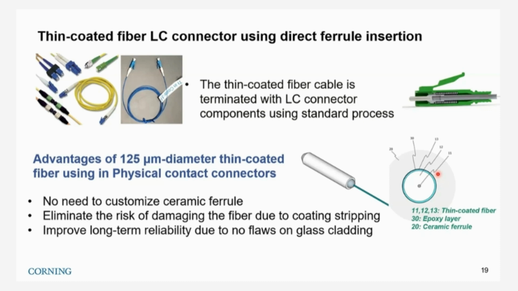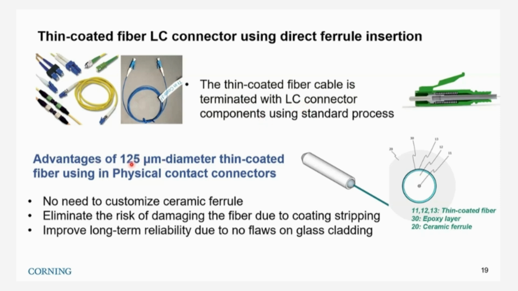Okay, the last two slides I'm going to show are about how we can now use thin coated fiber for making connectors using direct ferrule insertion without stripping the coating.